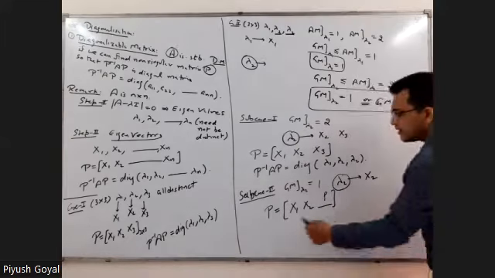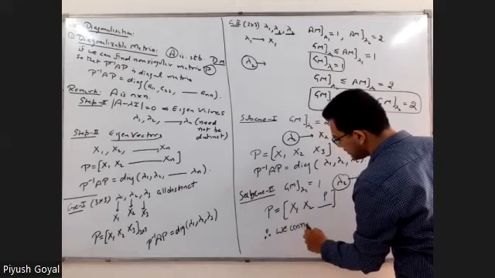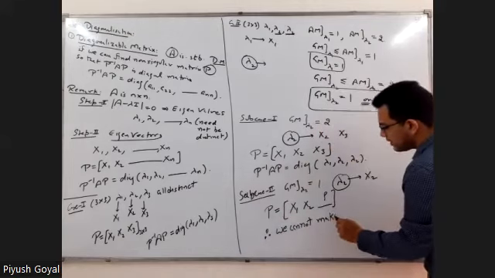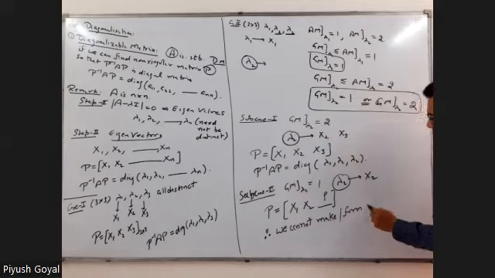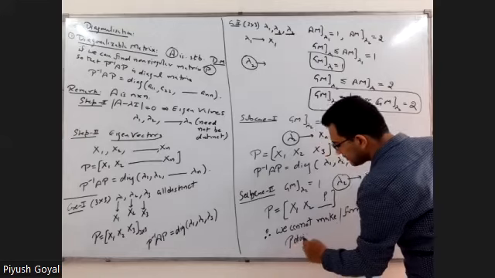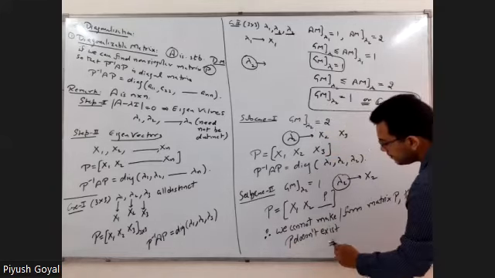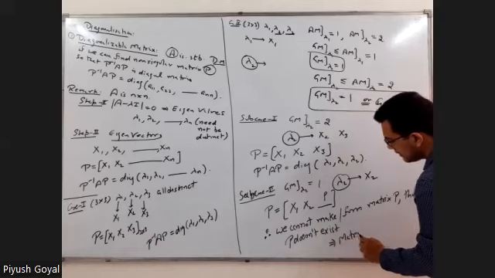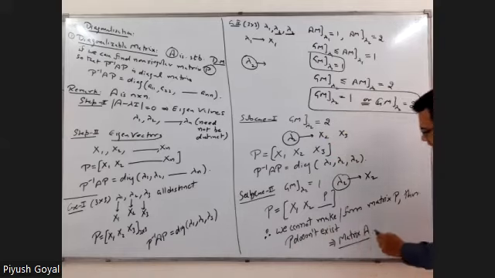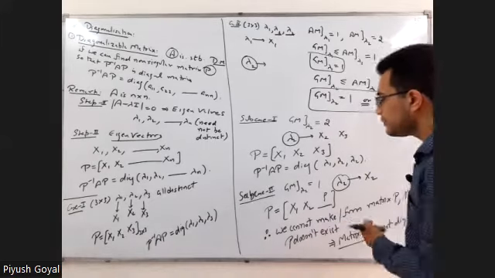This means we cannot form the matrix P. Thus P does not exist. It means matrix A is not diagonalizable.